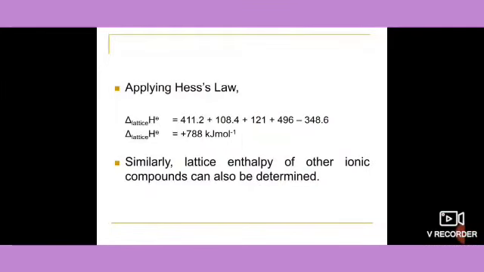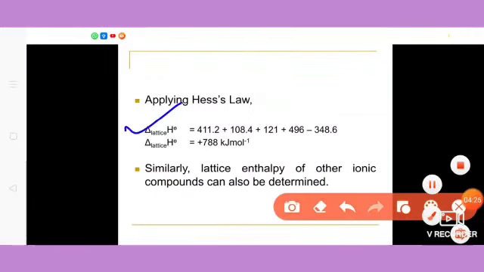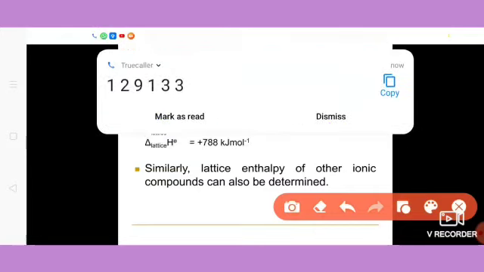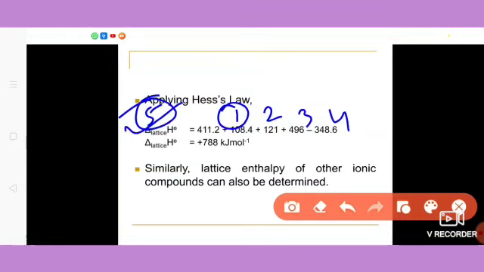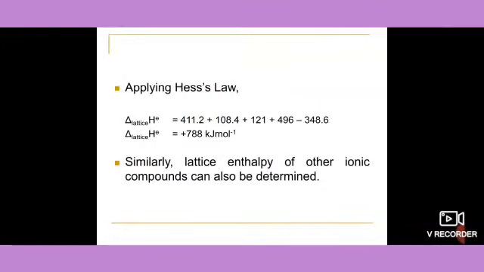So, by applying the Hess law, we can calculate the lattice enthalpy, as the 1, 2, 3 and 4 steps energies we have added, and this is the fifth step energy, that is the enthalpy change, and we will equate these five with this heat of formation of sodium chloride. Now this gives us 788 kilojoules per mole of lattice enthalpy. Similarly, we can calculate the enthalpy for the other ionic compounds also.